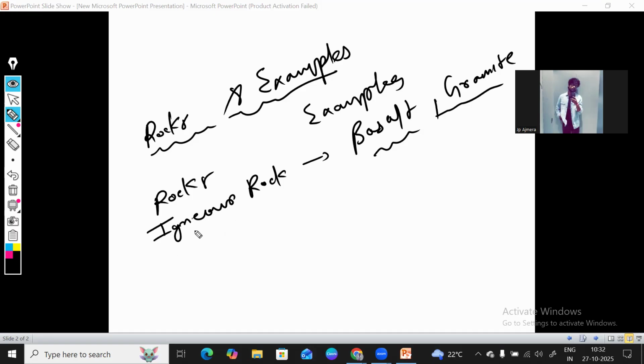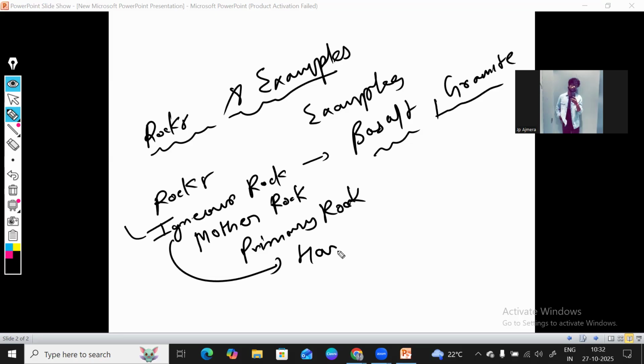So what is igneous rock? Another name for igneous rock is mother rock, primary rock, and another thing to know is that it is the hardest rock.